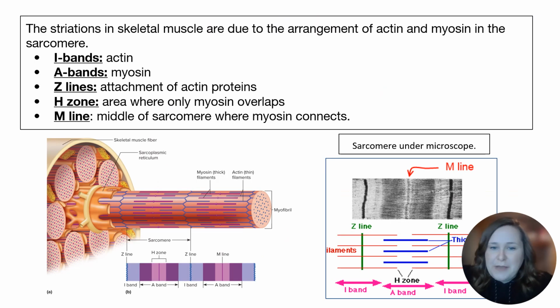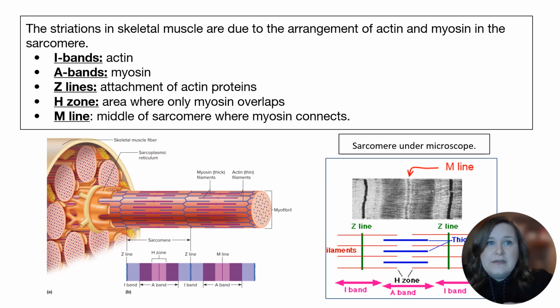Let's talk a little bit more about these bands. And what these bands explain is just how this looks under a microscope so that we can understand how the arrangement is. And then again, it's that whole structure causes function thing. Once we understand how they're arranged, the sliding filament theory and the stuff that comes next makes a lot more sense.